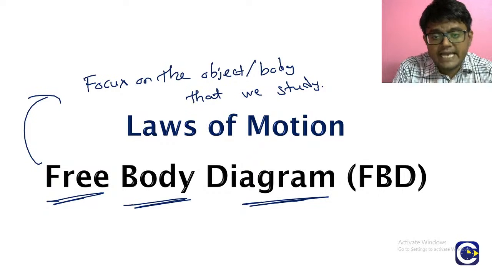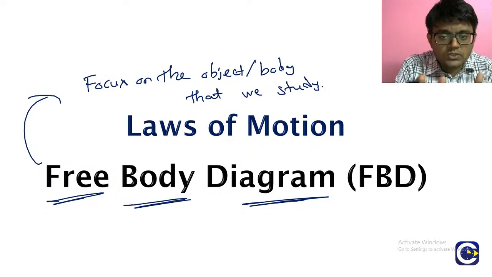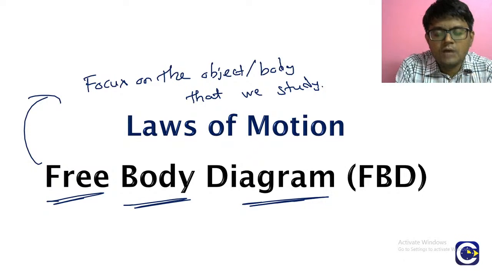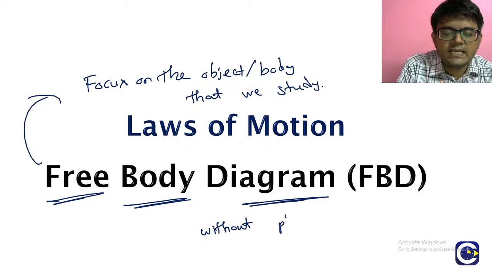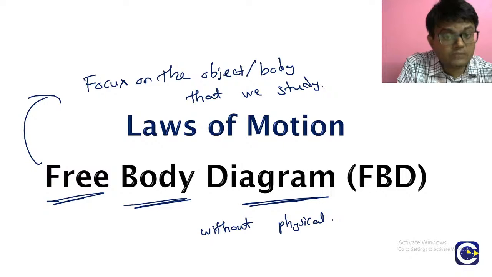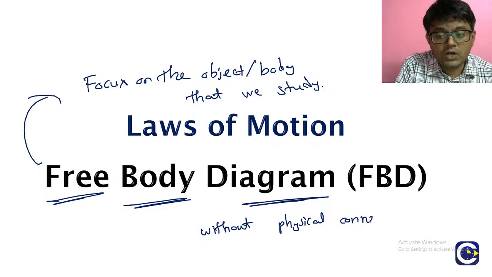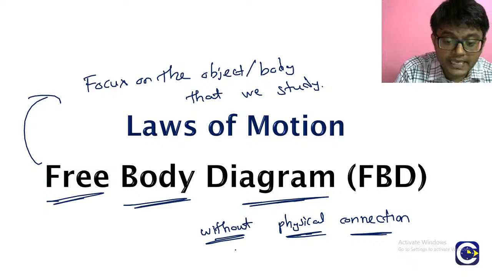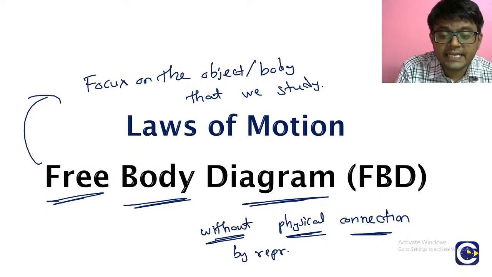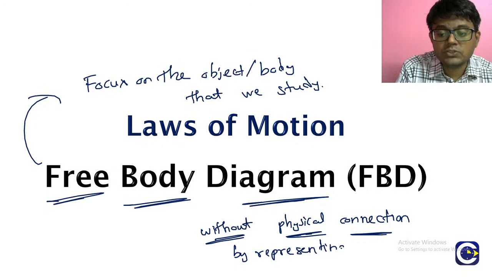The free body diagram is going to represent that object or body alone, without the physical connections. So we will draw the diagram of the body without showing the physical connections, by representing forces only.